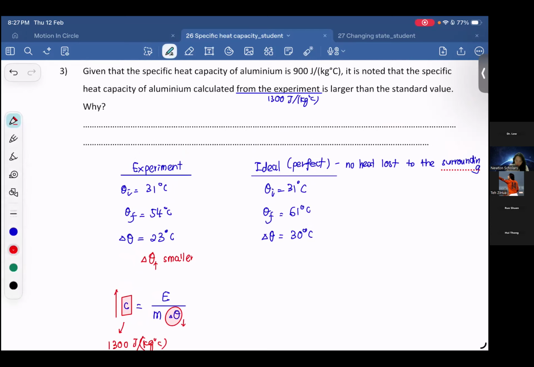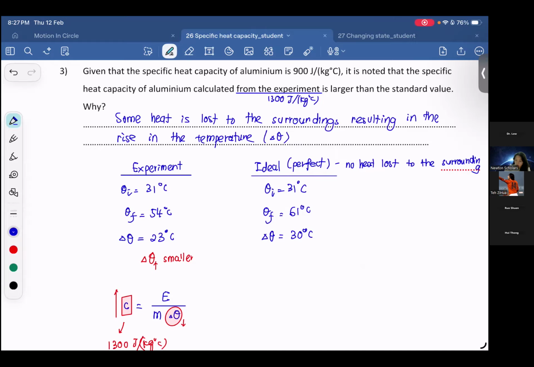We answer: some heat is lost to the surrounding, resulting in the rise in temperature being less than it should be.